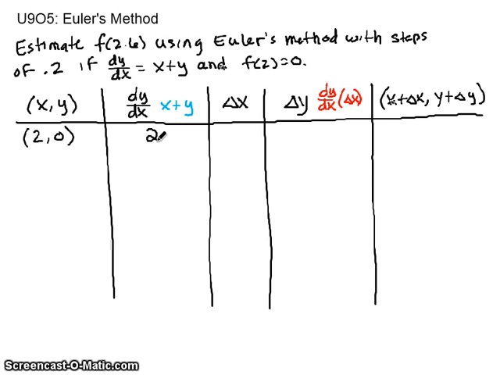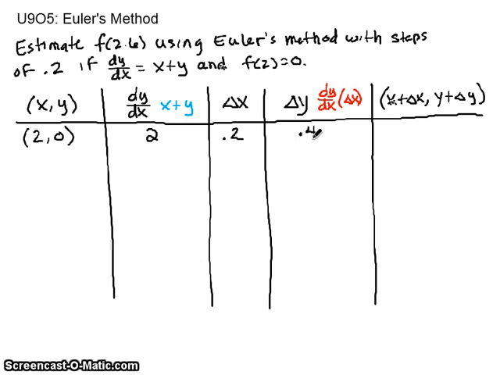Delta x, they tell us in the problem, they say use Euler's method with steps of 0.2. That's how x is going to change. So delta x is going to be 0.2. Then to find delta y, we take our derivative from that second column, in this case 2, multiply it by our change in x, 0.2, and we get a change in y of 0.4.